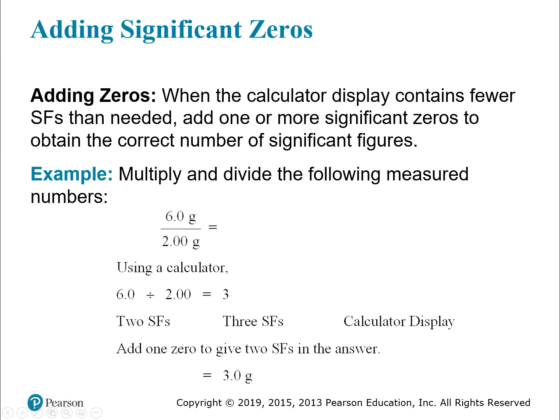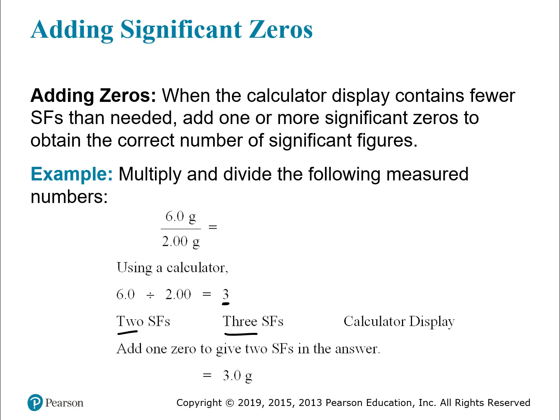Here we go. We're multiplying and dividing still, but we're talking about how to add significant zeros when you need to. Now, if you put into your calculator 6.0 divided by 2.00, your calculator will give you 3. It's not going to give you a decimal point with zeros after it because that calculator isn't going to give you sig figs. But you know that you took a number with 2 sig figs and divided it by a number with 3 sig figs.